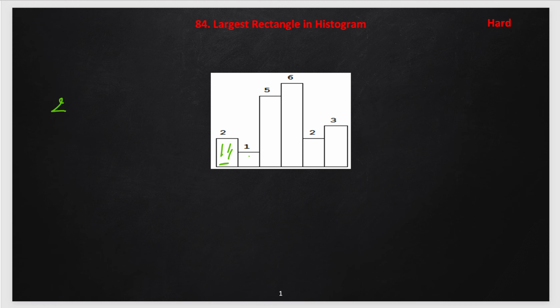Now, if I consider the first and second, then the minimum height of this sharing is 1, so this will become 2 into 1. So, still the 2 is a maximum, then we will consider one more 3, then 4, then 5, then 6. So, by starting from the first bar and considering all other bars, the maximum area we will get is 6. Now, let us try from second.